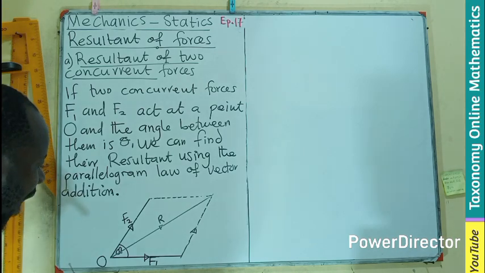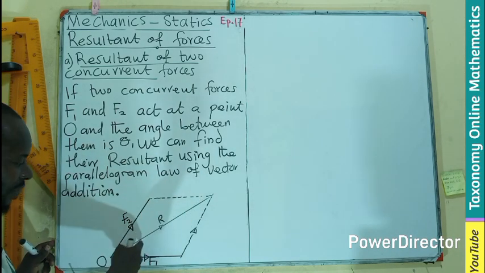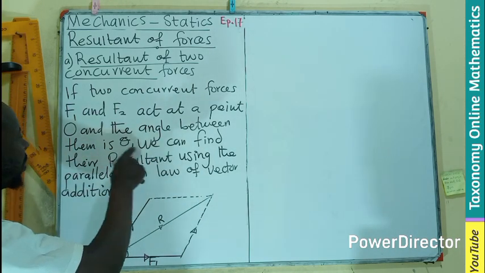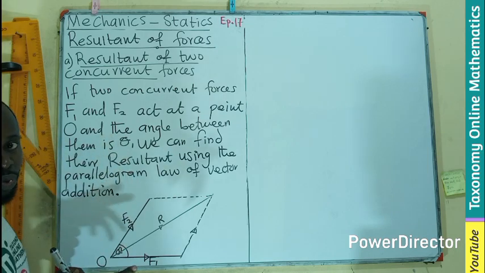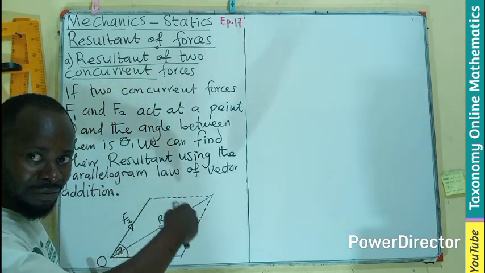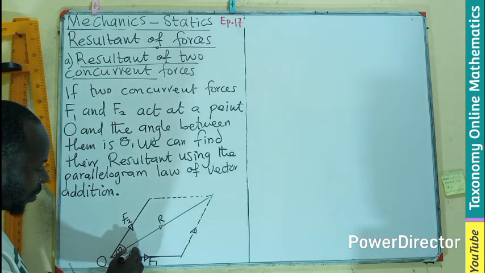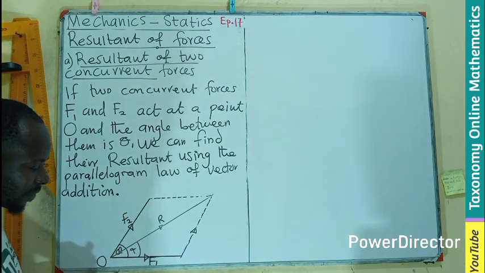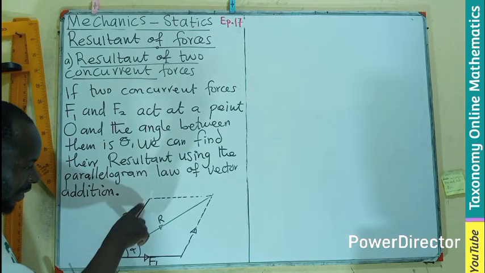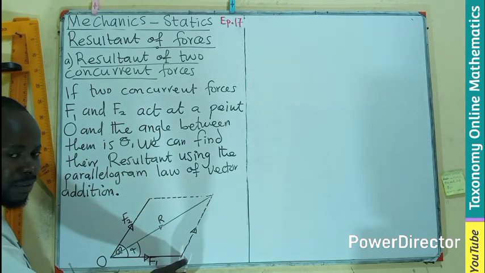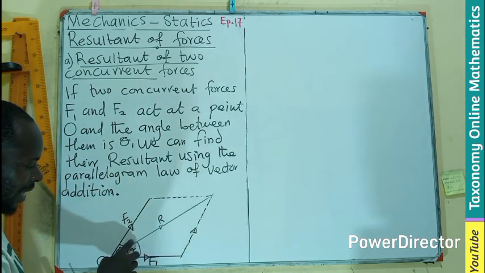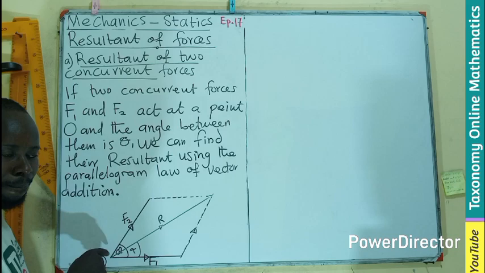Now, what do we have? We can see that the resultant vector divides the angle theta we have into two, not equal parts, but it is divided into two parts. So we can label the down angle also as what? The alpha. Now, this line is parallel to this. So the angle here is co-interior to the theta.